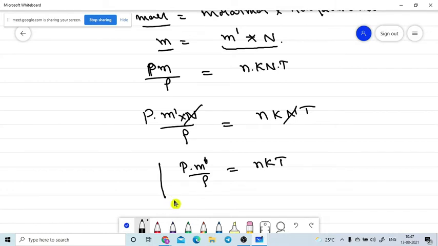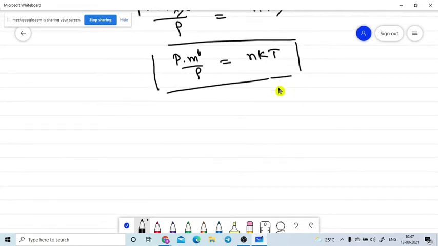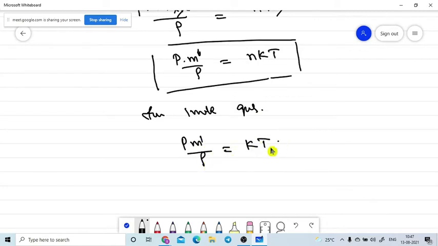This is the ideal gas equation in terms of the molar mass and Boltzmann constant. If this equation is taken for 1 mole gas, P m dash divided by rho is equal to kt. This is the ideal gas equation in terms of molar mass and Boltzmann constant terms only.